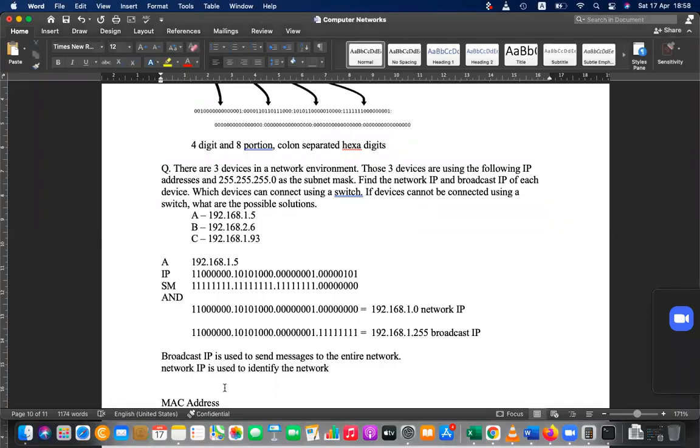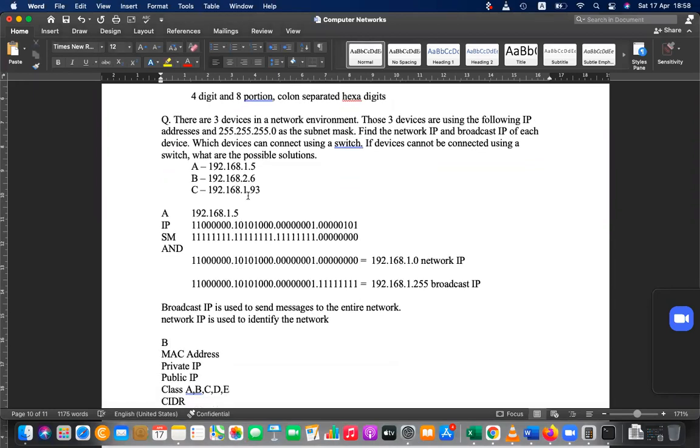So let's do for B. And B's IP address is this one, 2.6. You should be getting something like this after converting B, and you have the subnet mask. Subnet mask is 255.255.255.0.